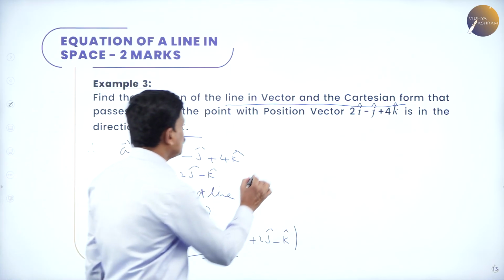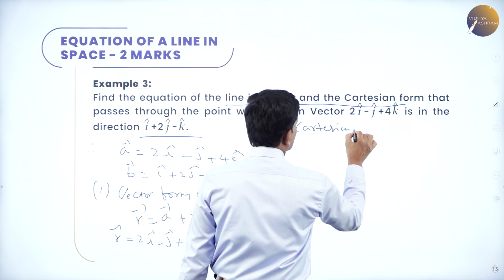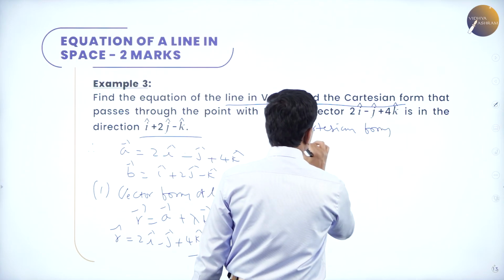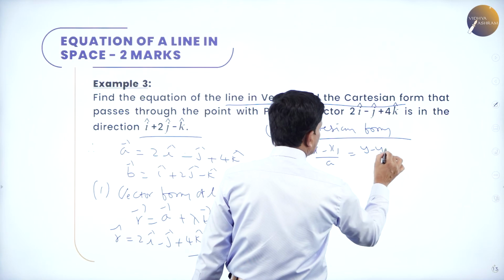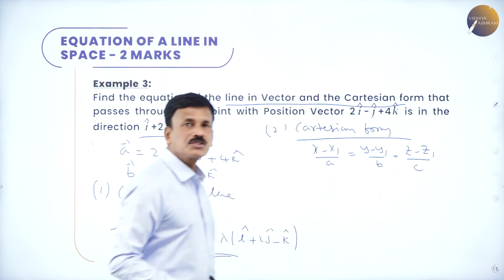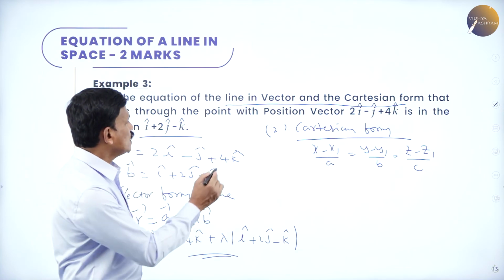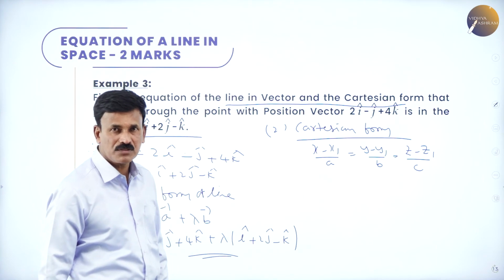Now for the Cartesian equation. The Cartesian form of the line is x minus x1 by a is equal to y minus y1 by b is equal to z minus z1 by c.